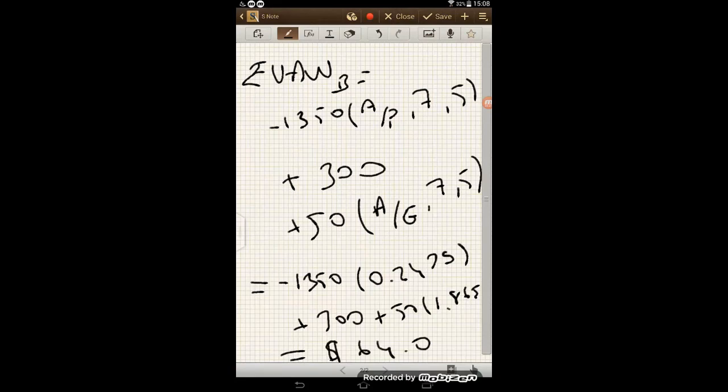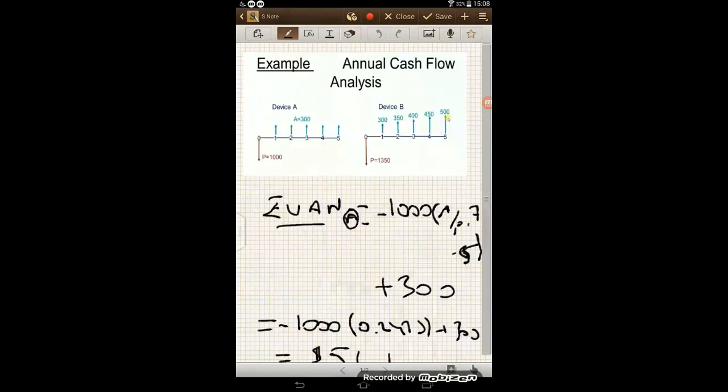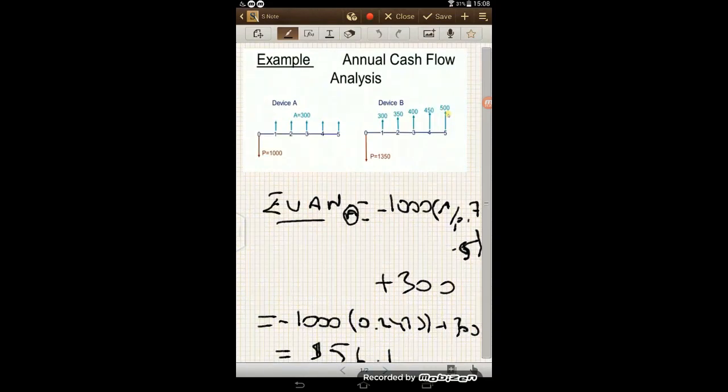If you compare which brings more, 64 this one and 56 this one, so I will choose option B, because even though I pay $1,350 at the beginning, it brings me more income instead of A, because A is bringing $56.1, B is bringing $64 per year.